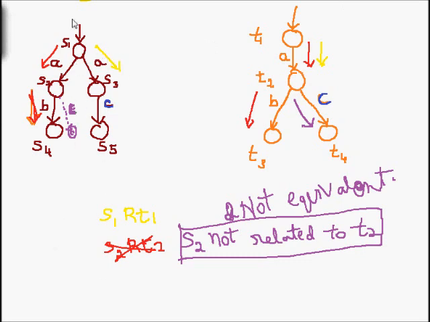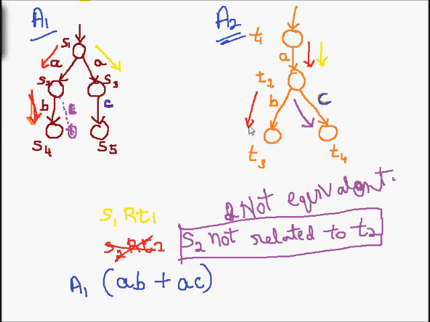Now, let me consider this label transition system as A1 and this as A2. First I'll see what A1 is. A1 has like AB or AC. Okay, what does A2 exhibit? What behavior does A2 have?